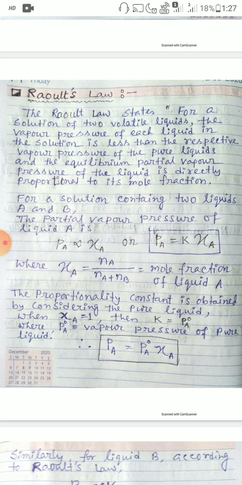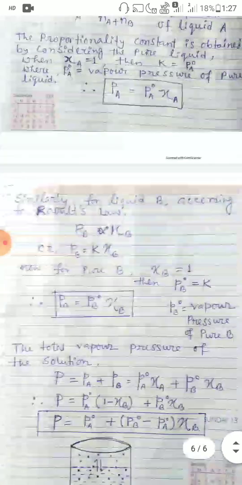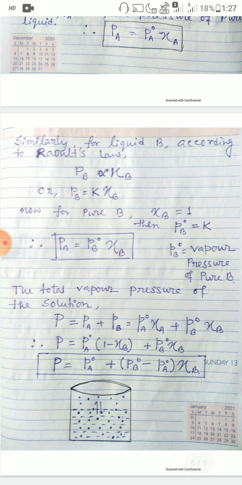Now, if a binary solution is made up of two liquids, and both are volatile, one is more volatile and another is less volatile, then here you can see in the beaker two liquids are mixed, A and B, and both are volatile liquids. That is, both liquids can go into the vapor state and can show vapor pressure.